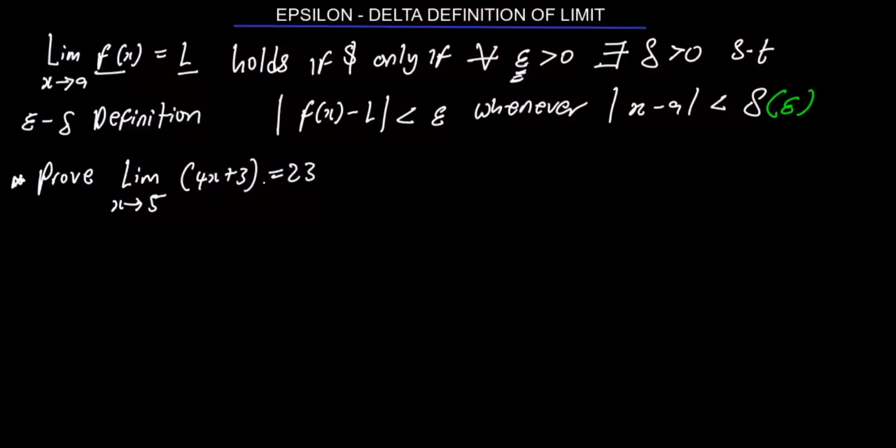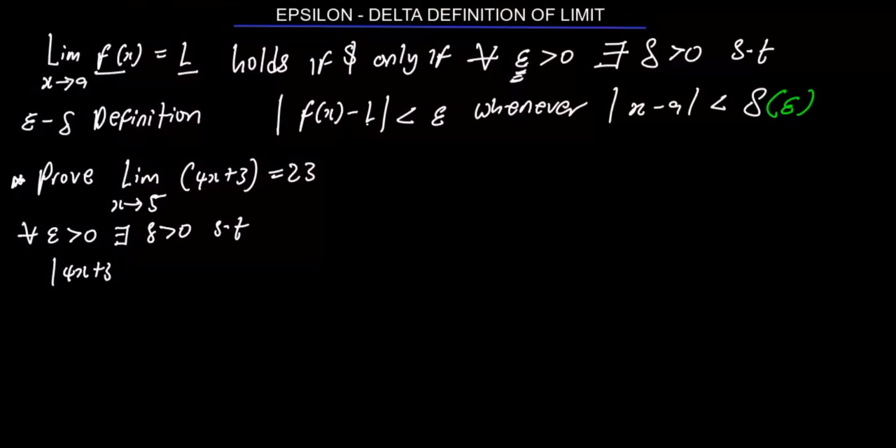Firstly, we define and say, solution. For all epsilon greater than 0, there exists delta greater than 0, such that the absolute value of f of x, so you have 4x plus 3, then minus L. What is your L?